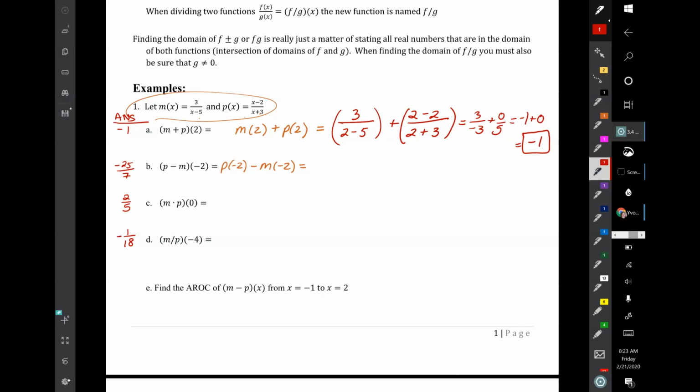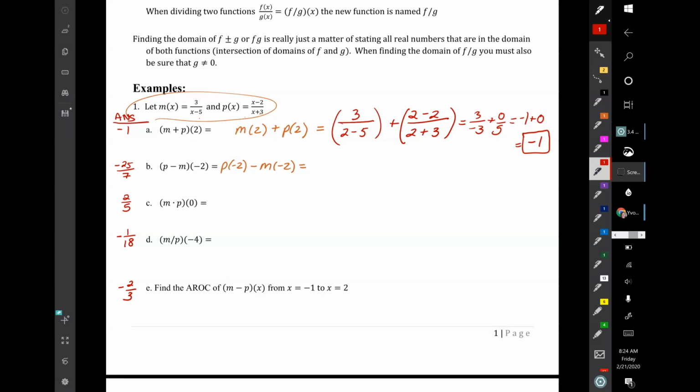But just be careful and write everything out separately, unless you're comfortable rolling those together as a function. So the answer for E should be negative 2/3. If you want to try those and see how you do, if you're feeling pretty comfortable with it all and it's going quick, then you can just skip over this part of the video.